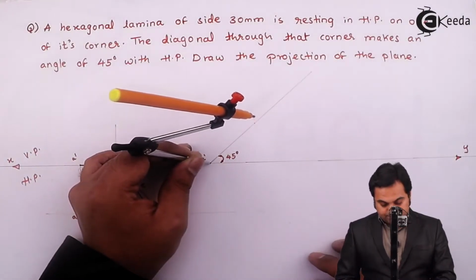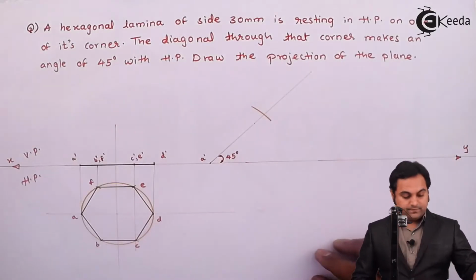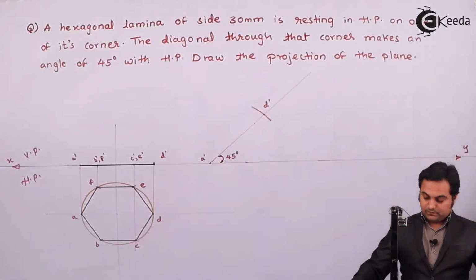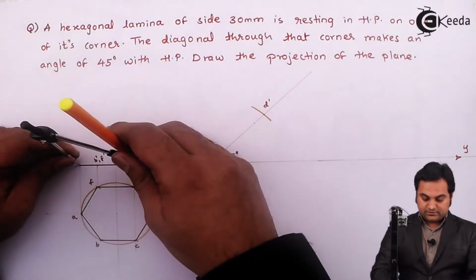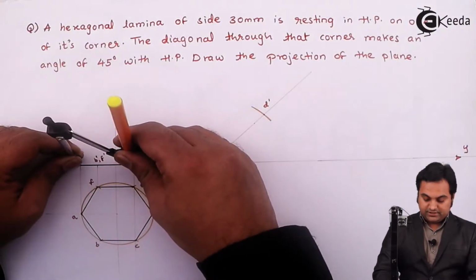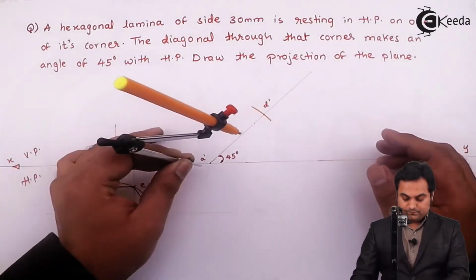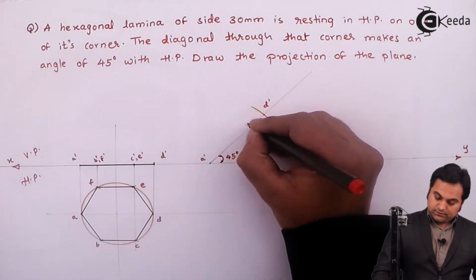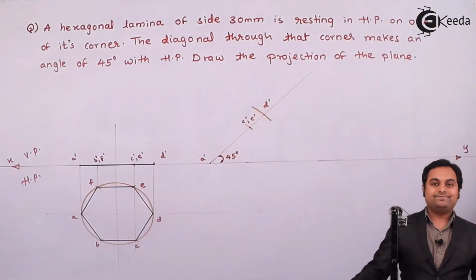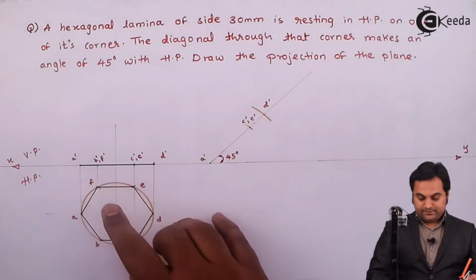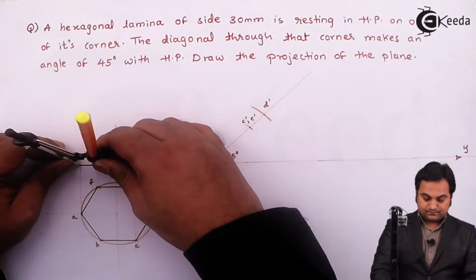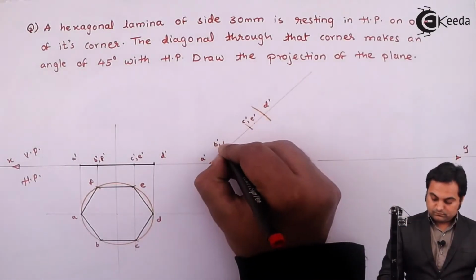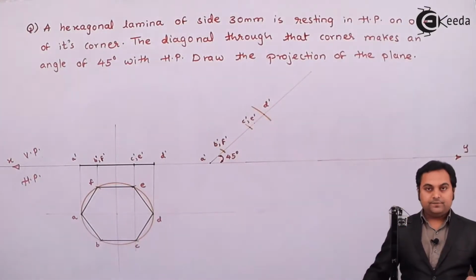From A dash, I'll draw an arc and the point is D dash. Next, from A dash, I'll measure up to C dash E dash, cutting this line. C dash E dash, then B dash F dash. So this is the inclined plane.